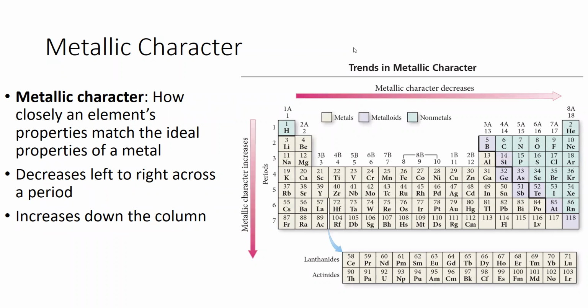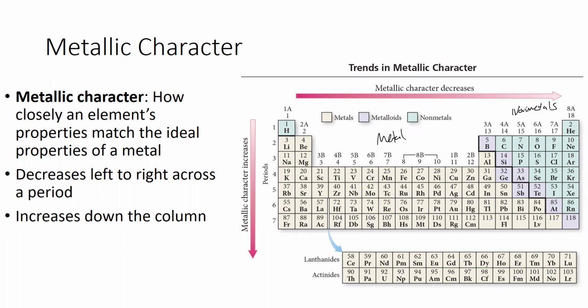And the last thing we're going to talk about here is trends in metallic character of atoms. We talked about this way back in the beginning of the semester, where we looked at the 3 types of atoms you have: metal atoms, non-metal atoms, and metalloids. And remember, metals are on the left, non-metals on the right.